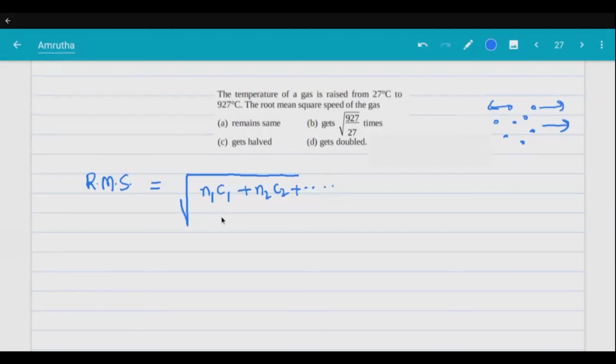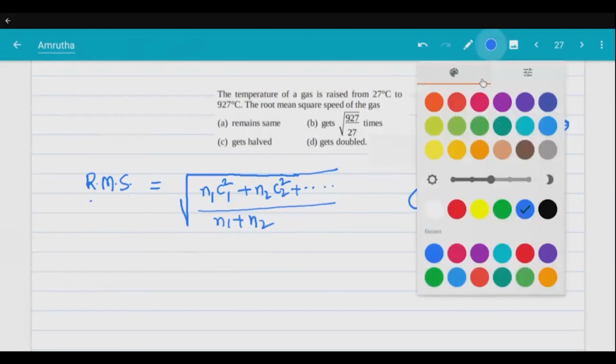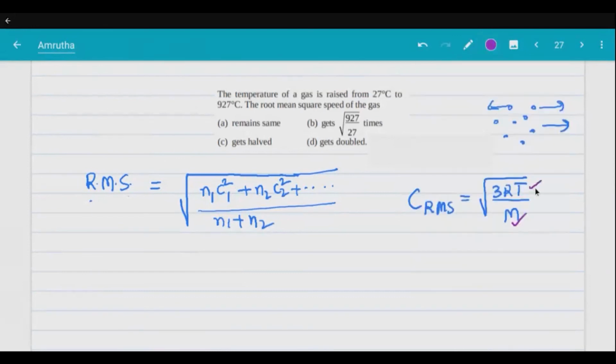Here I have taken the average of the squares of velocities. So this is called RMS velocity, which we can calculate by using the square root of 3RT by M. If I know a particular gas and the temperature, we can find out RMS.